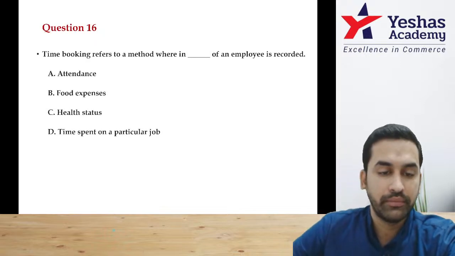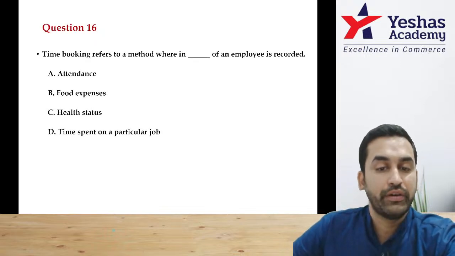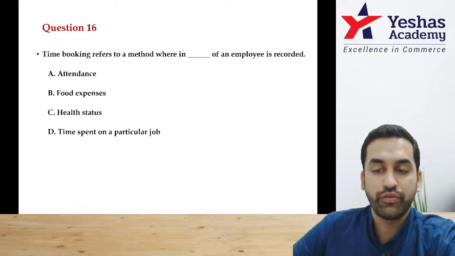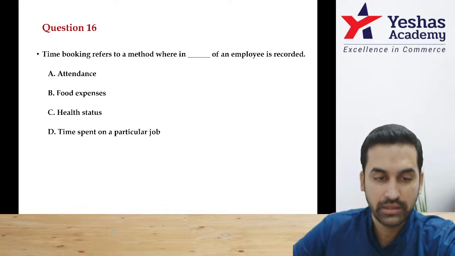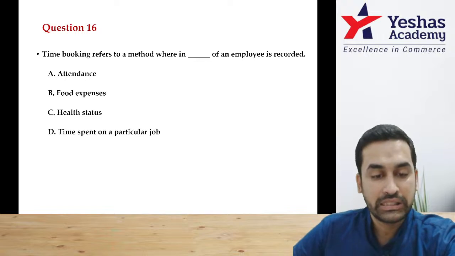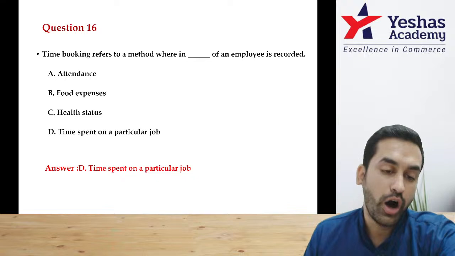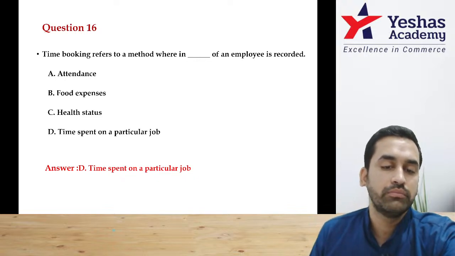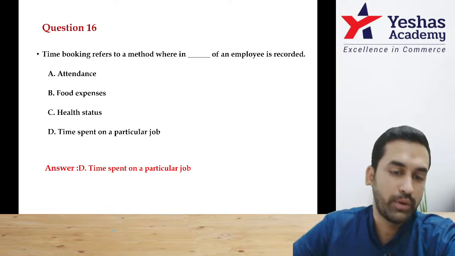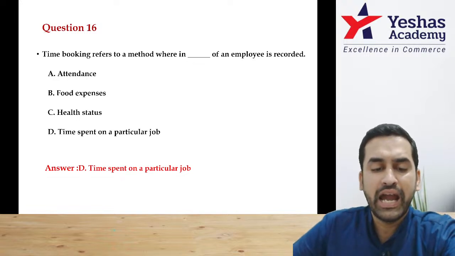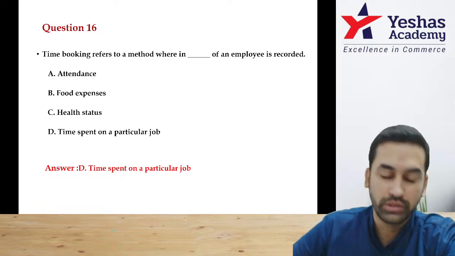Next, question number 16. Time booking refers to a method wherein dash of an employee is recorded. Attendance, food expense, health status, time spent on a particular job. Sir, option B and option C are surely wrong. No doubt about it. But option A and D, some students get confused.